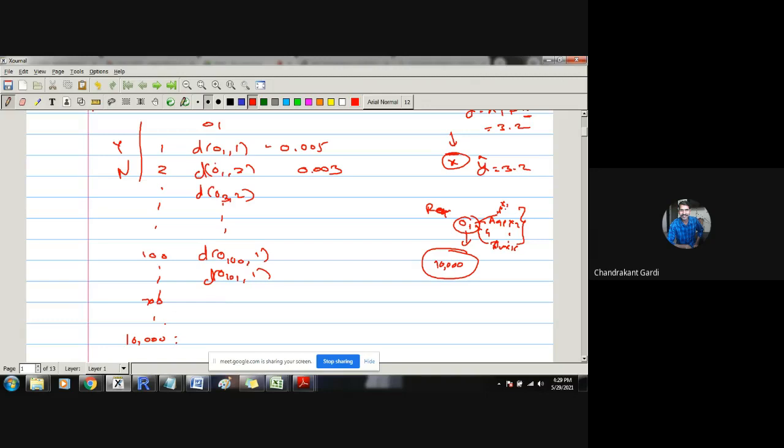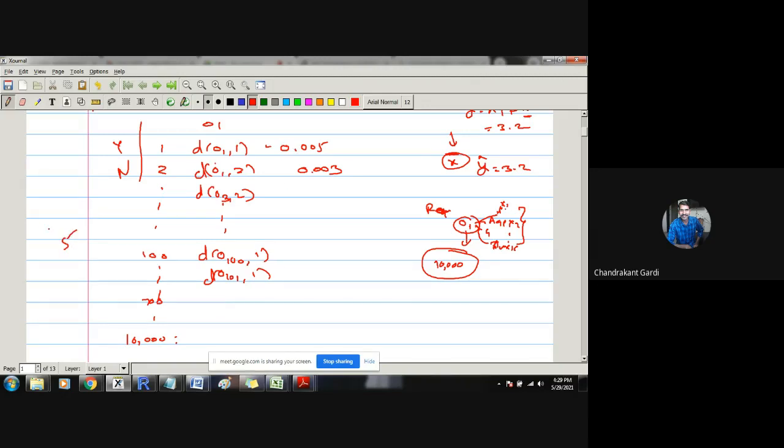Because of this, there is a serious drawback of this classifier. When a new observation comes in, we have to calculate 10,000 distances. Once we calculate the 10,000 distances, we have to find the 5 minimum distances.